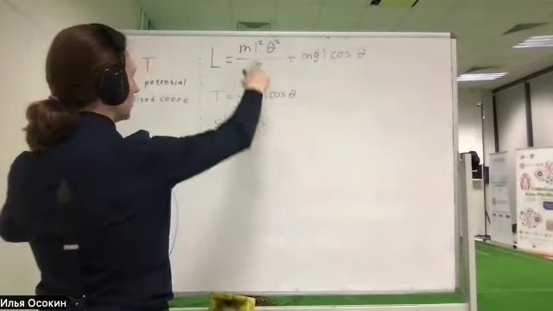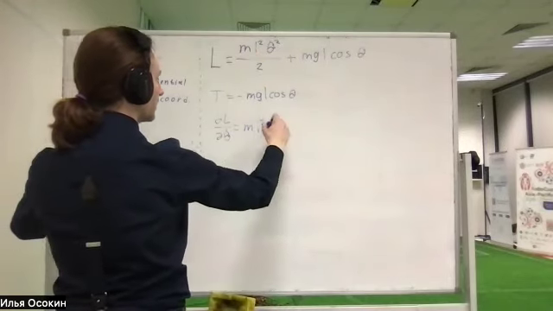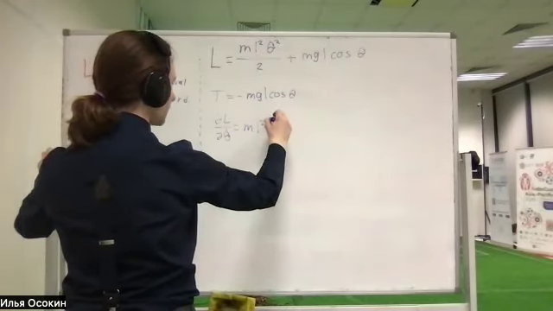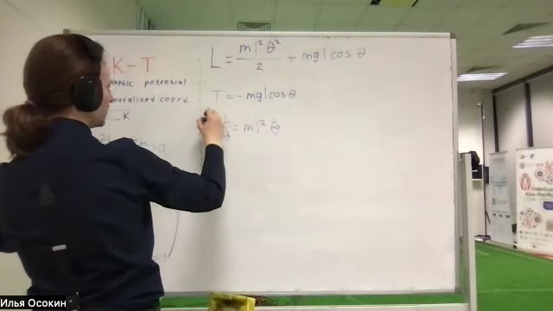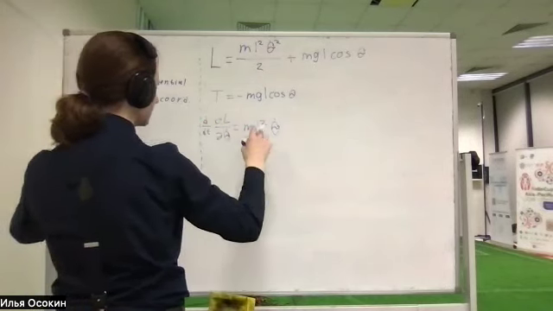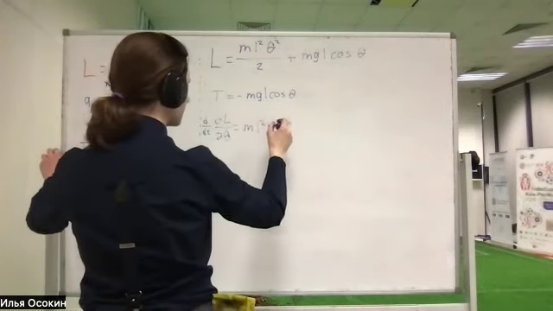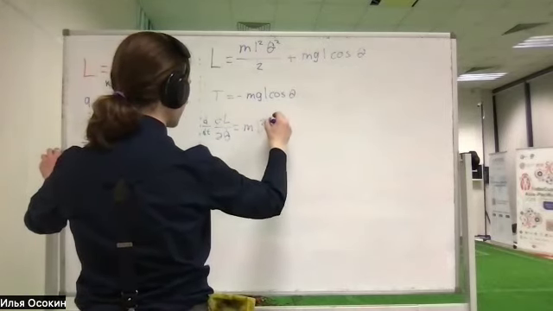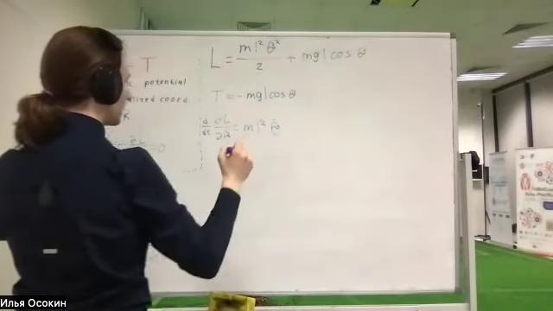The constant is not going anywhere, it's just a constant. If I add d by dt here, it will be m L squared theta double dot.